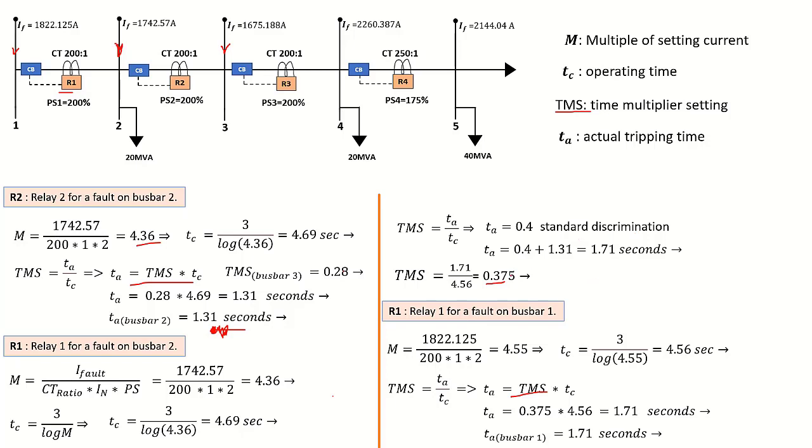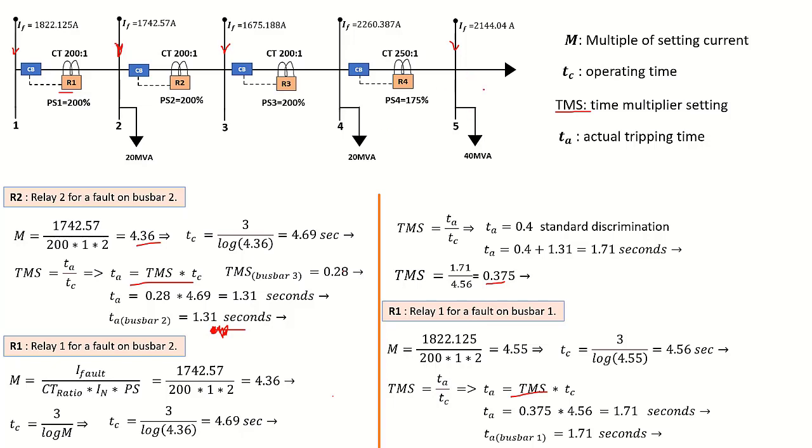We then find a TA on busbar 1 for relay 1 of 1.71 seconds. Now, as you can see, from the very first relay 4, with the fault on busbar 4, there was a 0.4 second for the grading margin. The last relay here is going to trip for a fault on busbar 1 at a time of 1.71 seconds. Now, why are these times not the same?